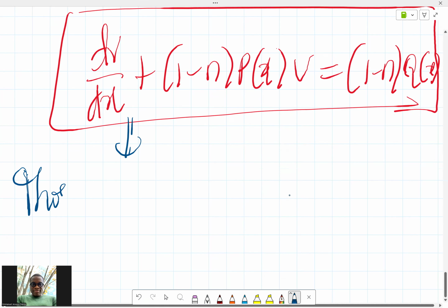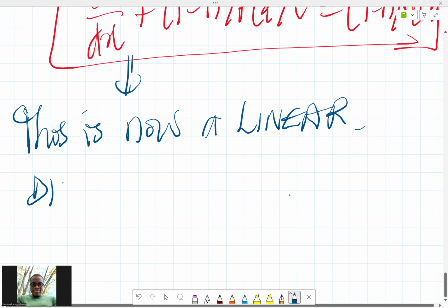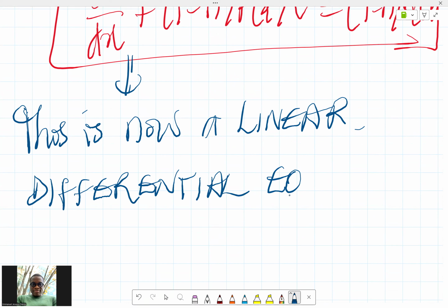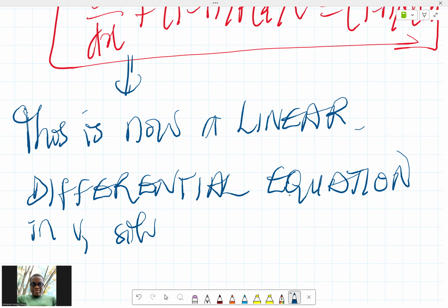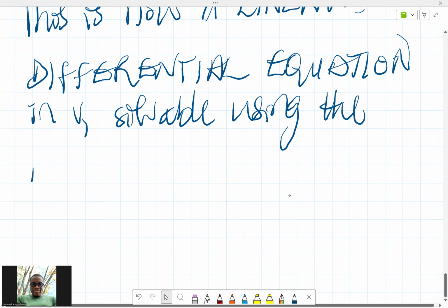So this is now a linear differential equation in v, just like the one we did in the previous video, which is solvable using the integrating factor method.